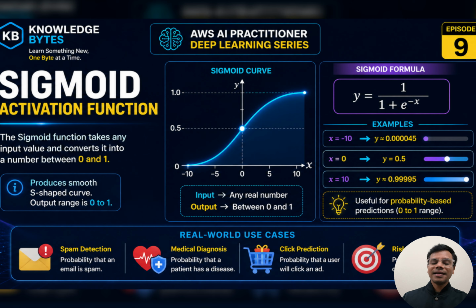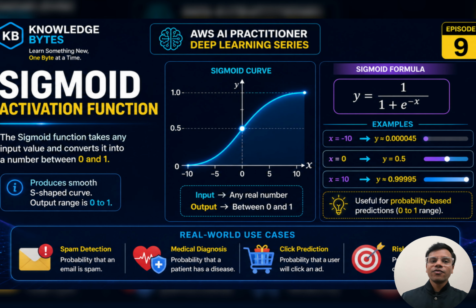However, sigmoid has limitations, right? This is where sigmoid works: it gives predictions between 0 and 1. A more likely prediction is near 1 and a less likely prediction is near 0. However, in deeper networks, sigmoid can slow down learning because of the vanishing gradient problem.